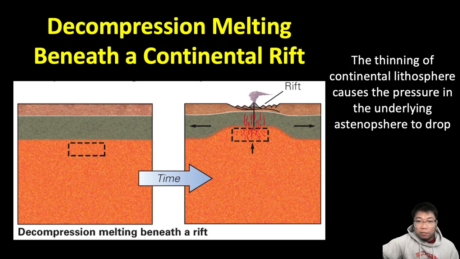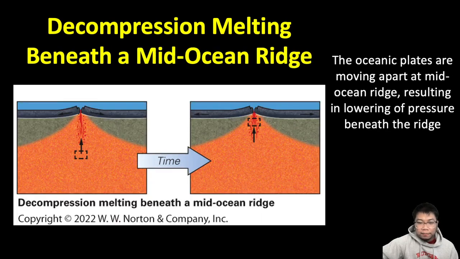As a result, we will start to have some melts. Not only that, if we have continental rifting, the thinning of the continental lithosphere causes the pressure right underneath the rift to drop. And again, as a consequence, it will start to generate some magma because of the lowering of the pressure beneath the thin continental lithosphere.